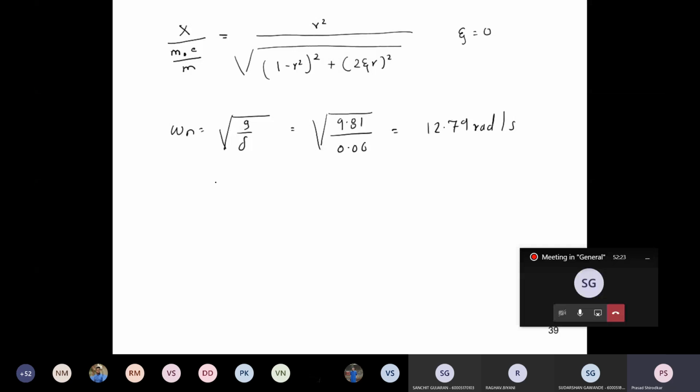Forcing frequency omega is 2000 rpm, so convert it into radians per second: twice pi into 2000 divided by 60. So frequency ratio r is equal to omega by omega n, and this comes out to be 16.38.